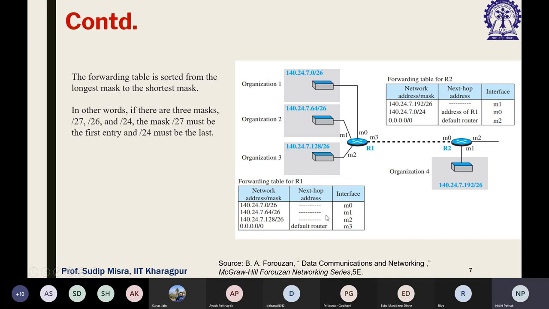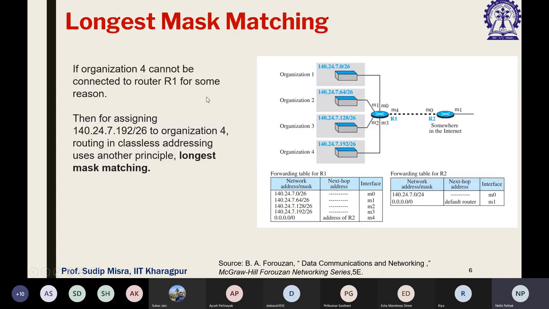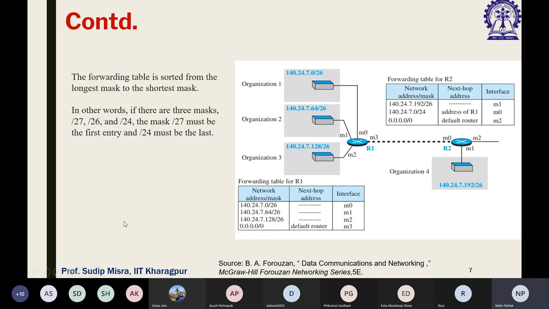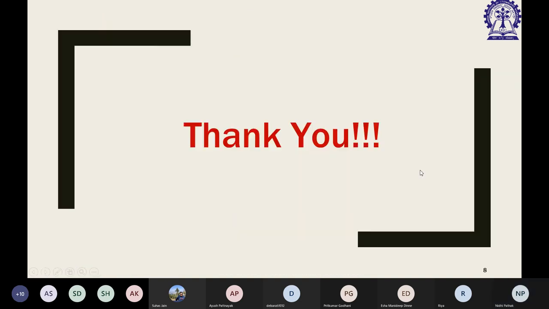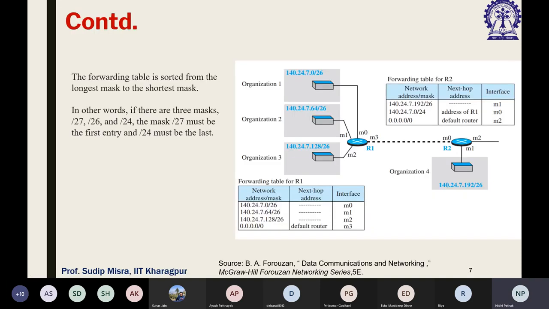So these are basically the longest masks. Basically, the longest mask has to be matched, so what you do is sort it in this particular fashion. Why do you want to do it? The question is why we want to match with the longest mask.